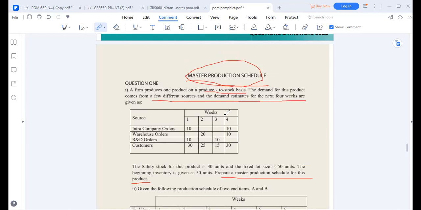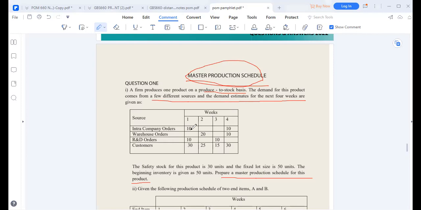Here there are 2 strategies. When the safety stock is given, we're talking about the second part of the master production schedule, which has 4 components, getting down to the aggregate.